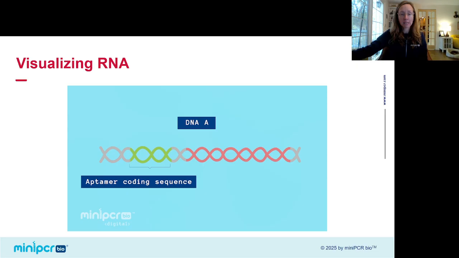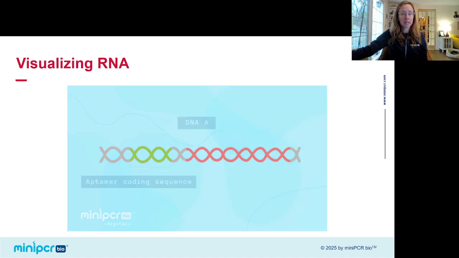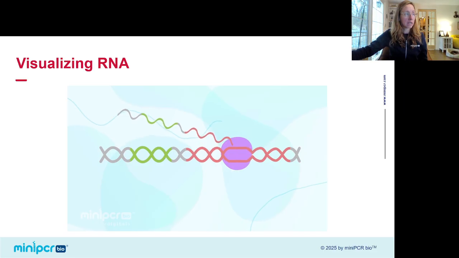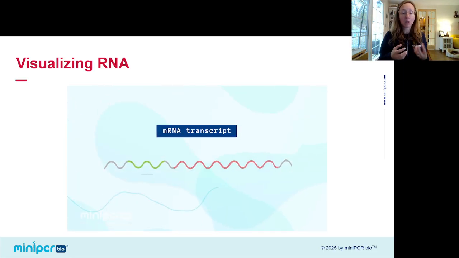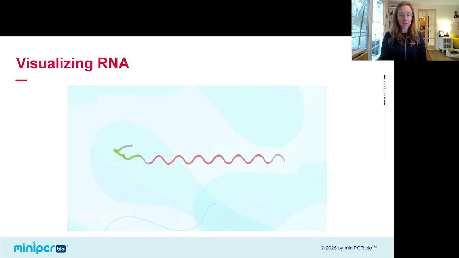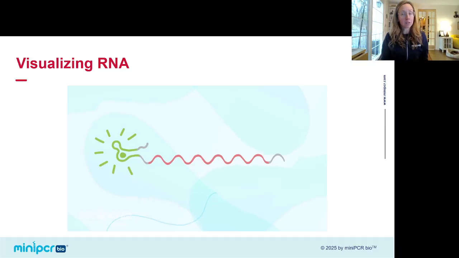DNA A contains a special sequence called an aptamer coding sequence. When that aptamer coding sequence is transcribed into mRNA, it folds up onto itself and it binds to a chemical that we've spiked into the BioBits pellet. That interaction between the RNA and that chemical produces green fluorescence.